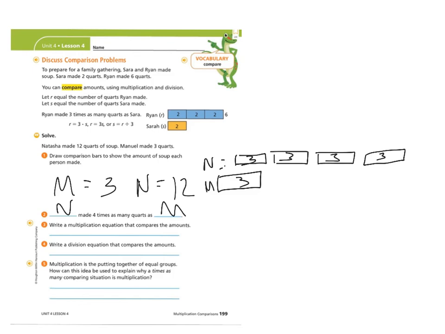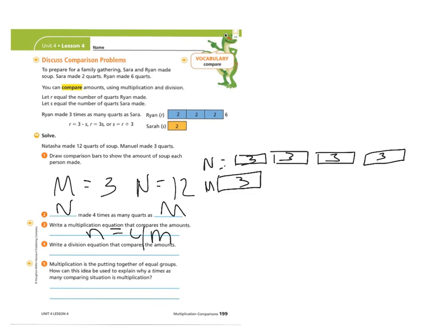Number 3, write a multiplication equation that compares the amounts. Let's think for a minute. How are we going to write a multiplication equation that compares the 2 amounts? So N stands for Natasha. Natasha equals 4 times the amount that Manuel made.